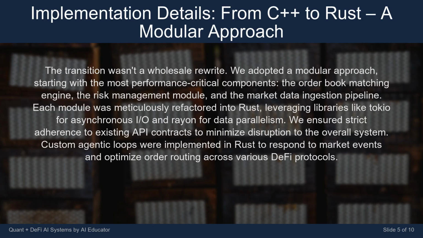Each module was meticulously refactored into Rust, leveraging libraries like Tokio for asynchronous I/O and Rayon for data parallelism. We ensured strict adherence to existing API contracts to minimize disruption to the overall system. Custom agentic loops were implemented in Rust to respond to market events and optimize order routing across various DeFi protocols.